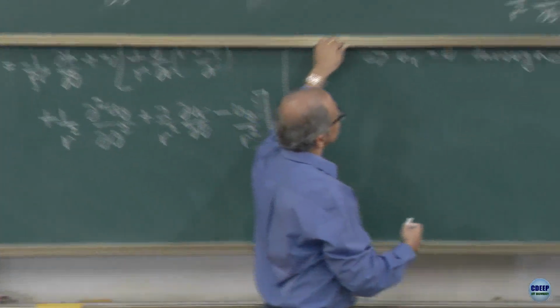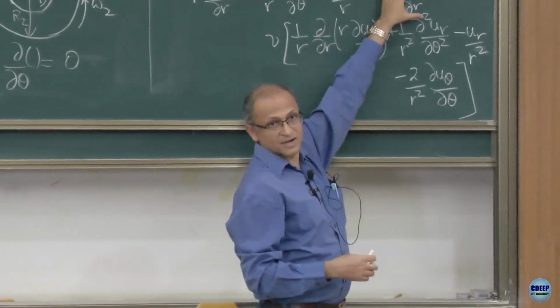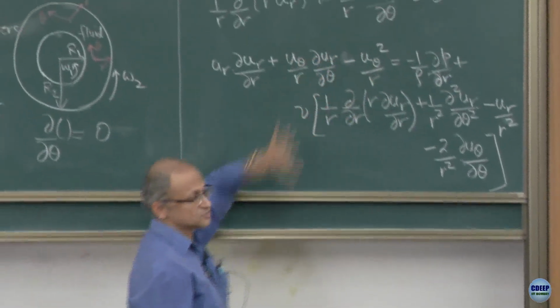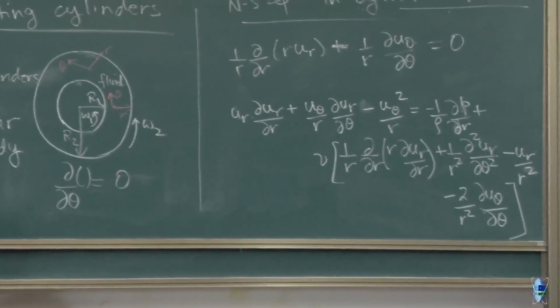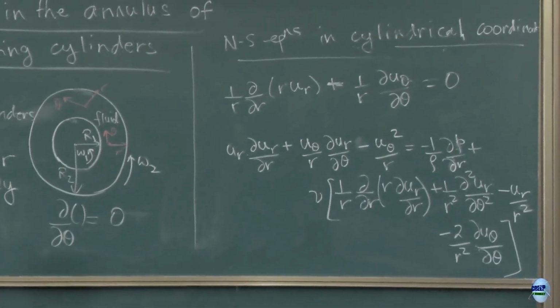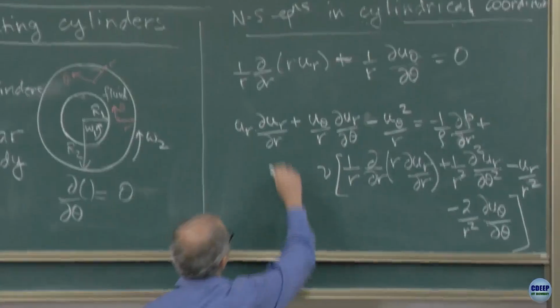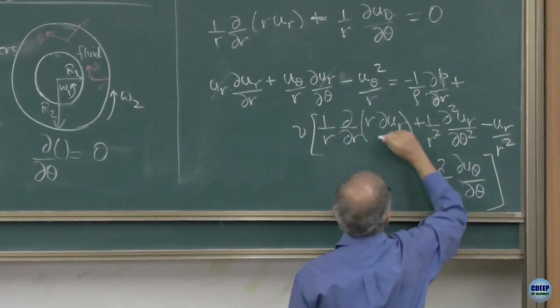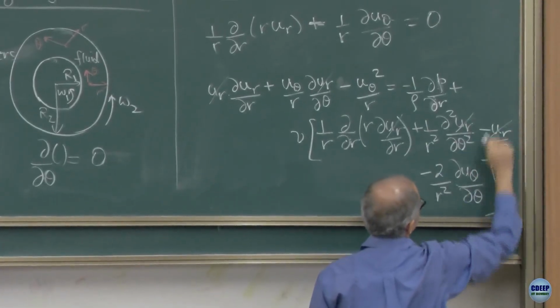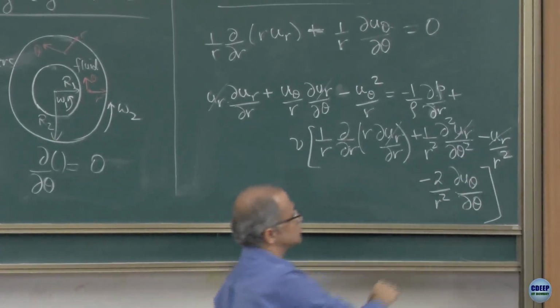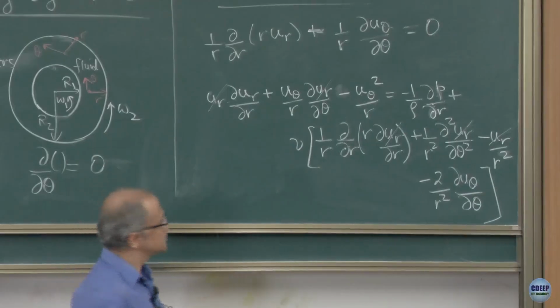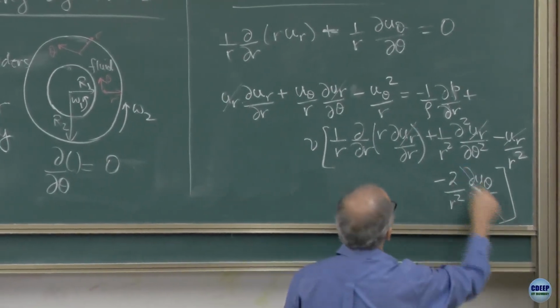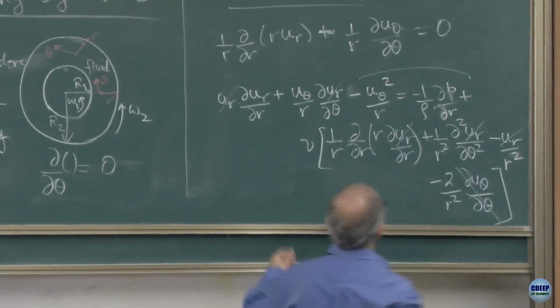So here, this is along the r direction, so this is my r momentum equation. Now ur is 0, so all this is 0, this is 0, this is 0. All this is 0, this is 0, this is 0. And this is 0 because of axisymmetry. So you can see that everything is 0 other than these two terms here.